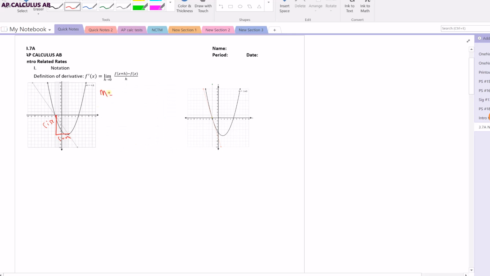So let's just write some things about slope. It's rise over run. Some people in the past have used delta y over delta x, which is that little triangle. And at some point, and this is actually the notation that was used when they were creating calculus, it became difficult to write the triangle, delta y over delta x.